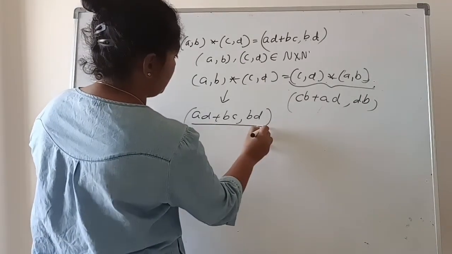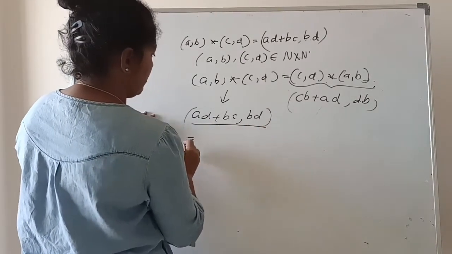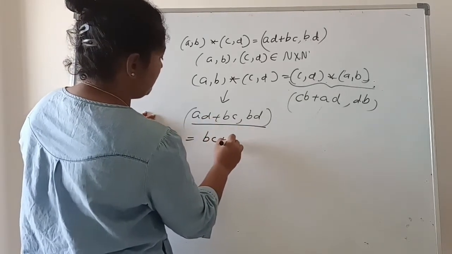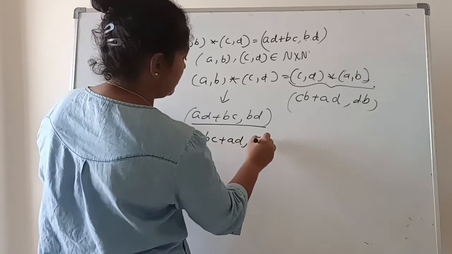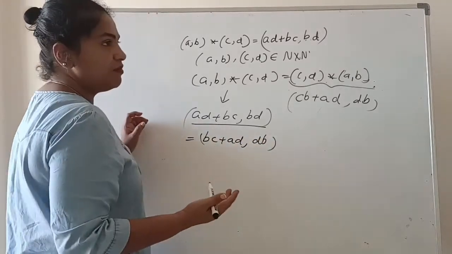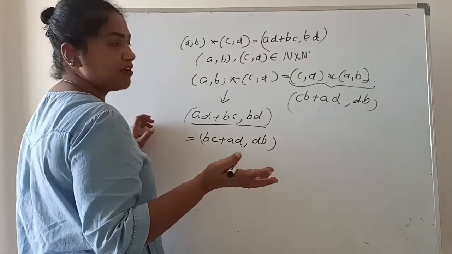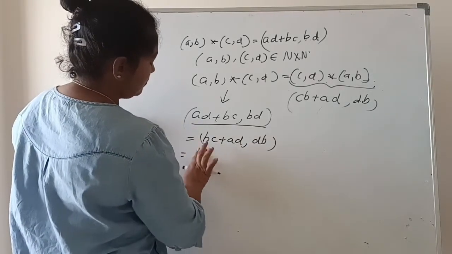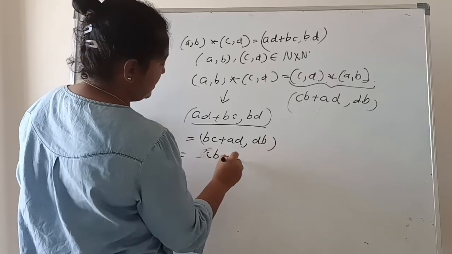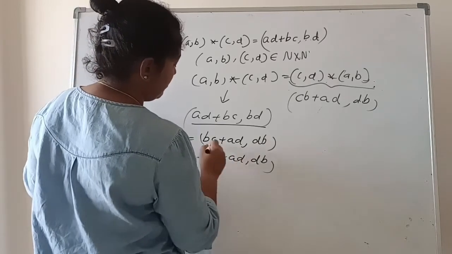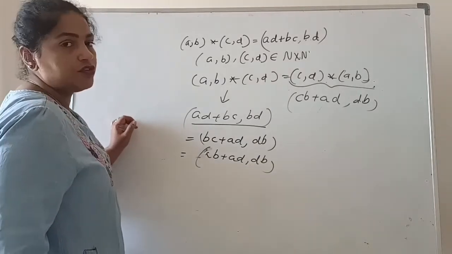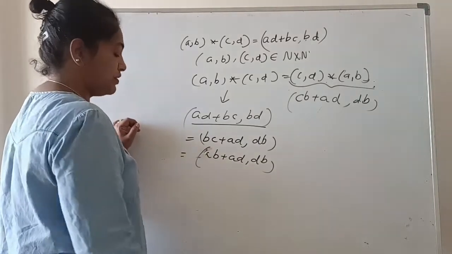So, (AD plus BC, BD) is the same as (BC plus AD, DB). What is the reason? The reason being addition and multiplication both are commutative. This is the same as (CB plus AD, DB), which is the same as what you get in RHS. Therefore, this particular operation is commutative.